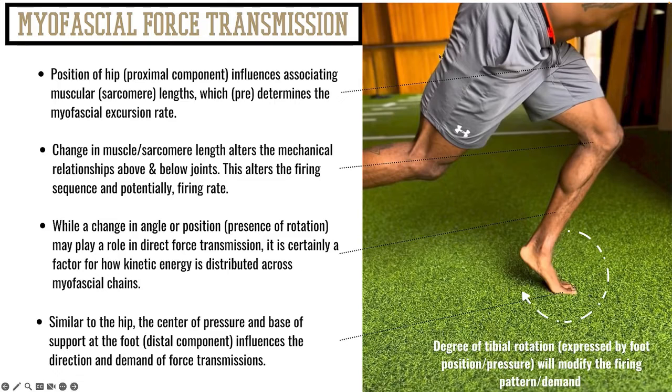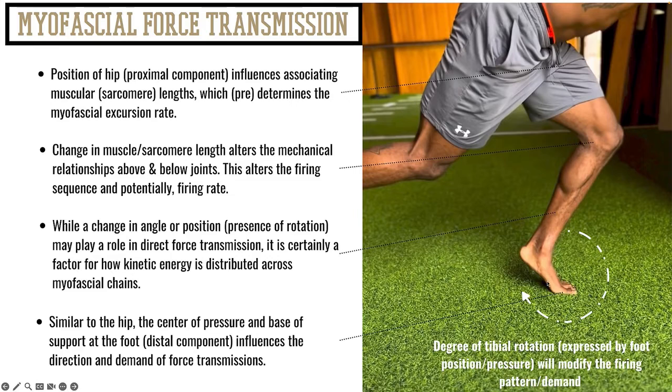The last note here is similar to the degree of rotation or angle of inclination at the trunk or the hip. The base of support and the position of the foot is going to be critically important for virtually anything dynamic, in my mind. What we'll see often is this heel will want to pull in towards the midline, and I think that has a combination of causes, but something to do with the inability to pressurize or have compliance across the foot.